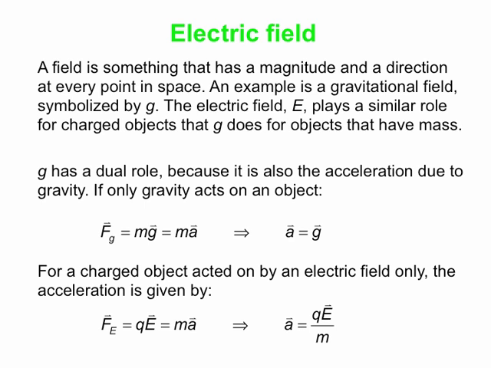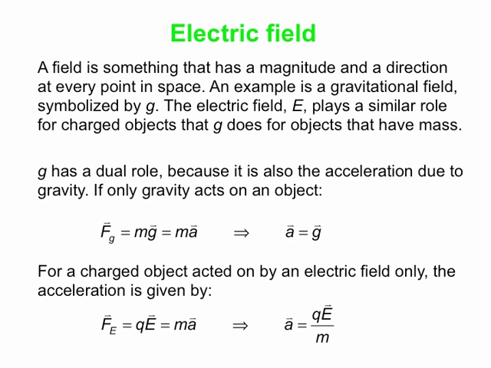And so before we had a as mg over m, and the m's canceled. Here we have a as QE over m, and nothing cancels out. But the acceleration is derived in a very similar way by basically drawing the free body diagram. It's only got one force in each case on it, setting that one force equal to ma, Newton's second law, and solving for a.